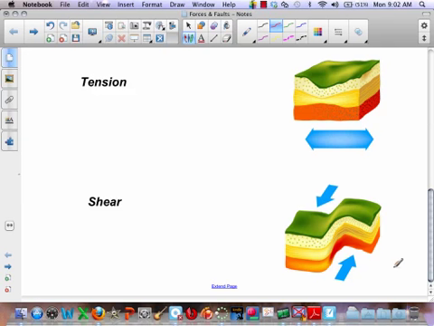So you get this shear. Think about it like shear winds, right? Really ripping it and pulling it in two opposite directions. And so you can kind of see that in this diagram here, where the two arrows, one's pushing this block going in that direction, this one's pushing in this direction. So those are your forces and types of stress.